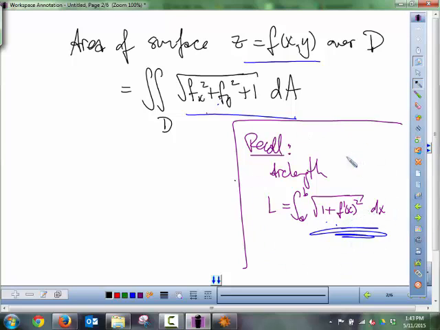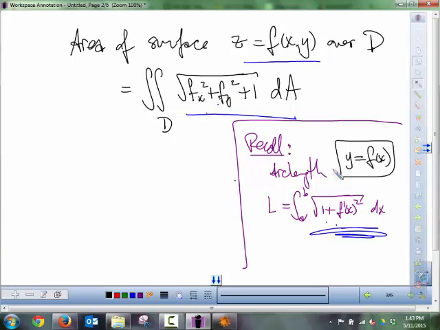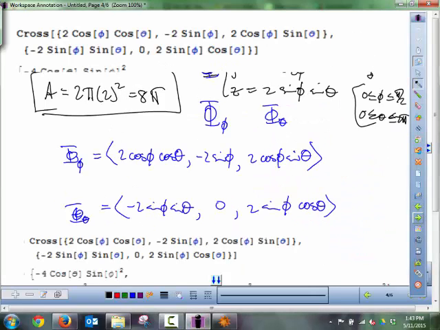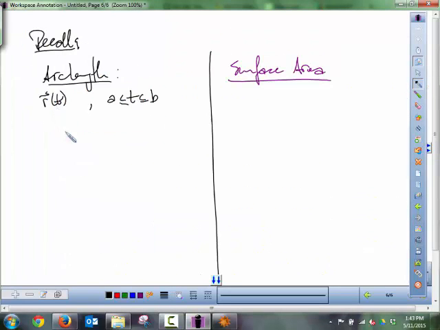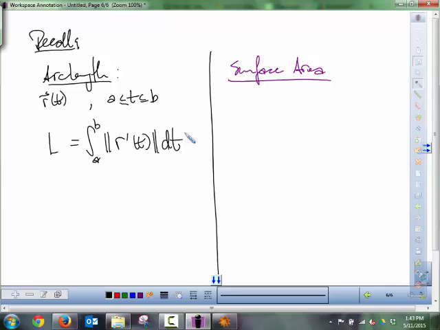This is for arc length of y equal to f of x function, right? But then we can parameterize this using any parameterization R now, where the arc length L is equal to the integral from A to B of the magnitude of R prime dt. Do you remember that?